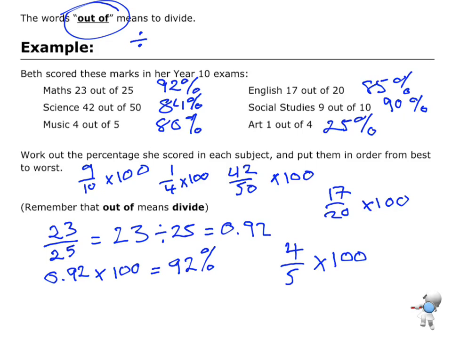So we've worked out the percentages that she scored in each of the subjects, and now we need to put them in order from the best to the worst. So the best subject, her highest score, was maths, so that's her first one. Her next highest score was social studies at 90%.